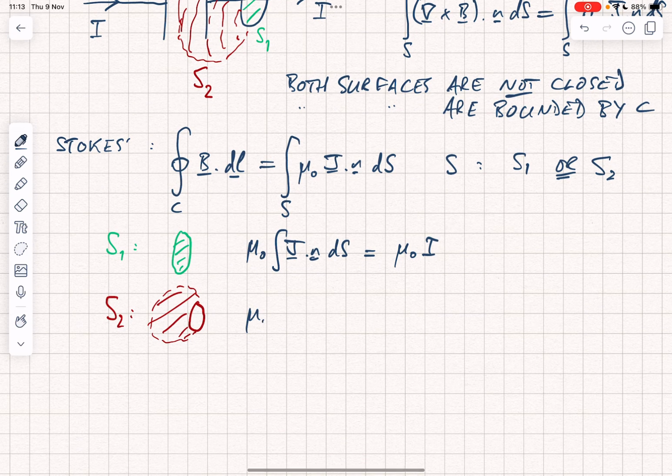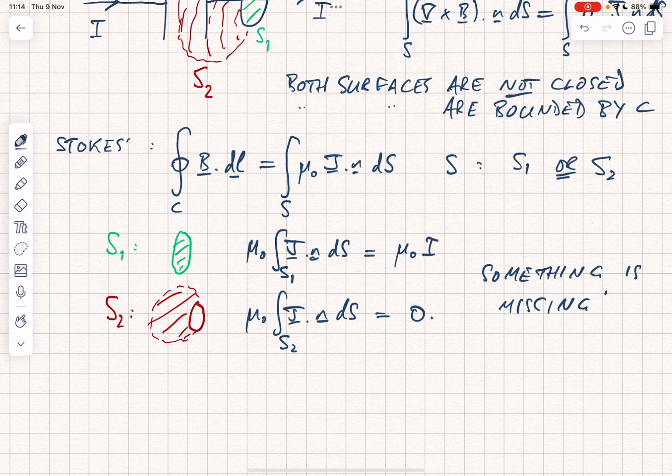So we would say that mu naught integral of j dot n ds, sorry, I should put an S1, now I'll put an S2, is going to equal 0. At this point, we realise that there must be a problem, because Stokes' theorem tells us that those two integrals should be identical. So something must be missing in our physical law. In other words, Ampere's law is incomplete.